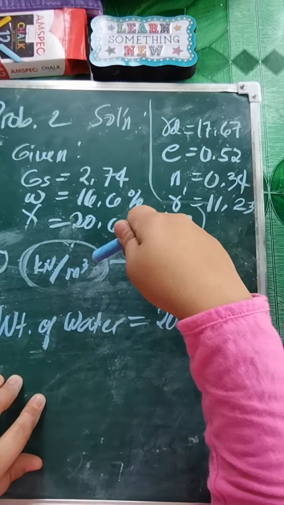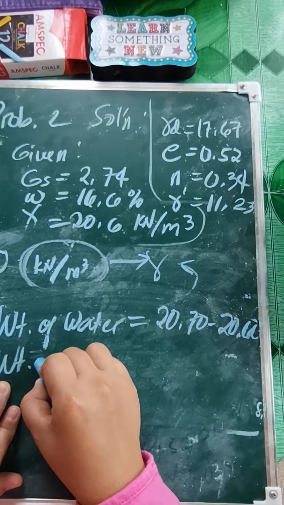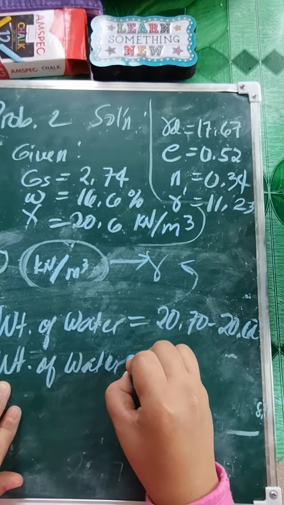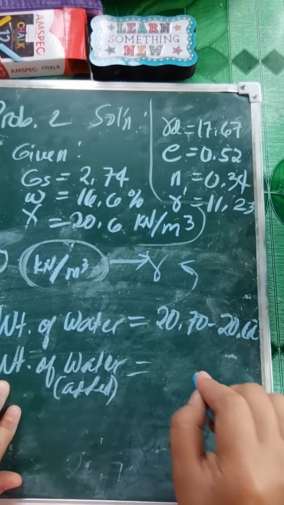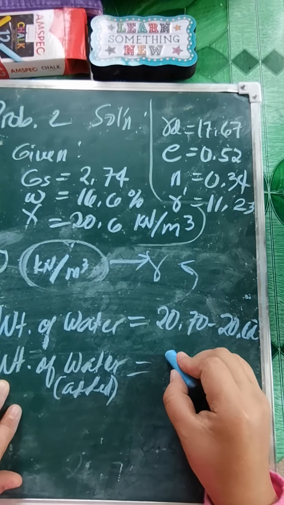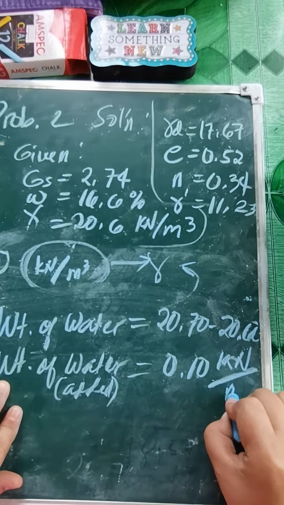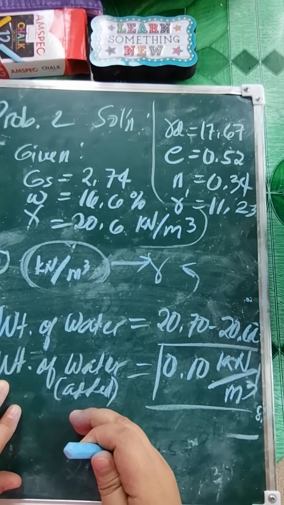However, we can compute. So we have the weight of the water added for a 90% degree of saturation. So we have only 0.10 kilonewton per cubic meter. So this is the water added.